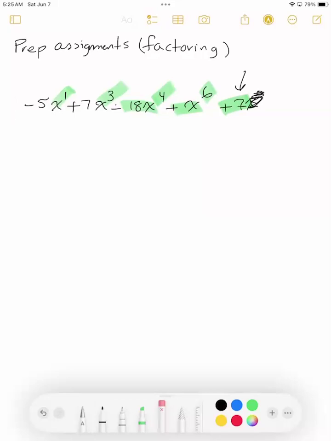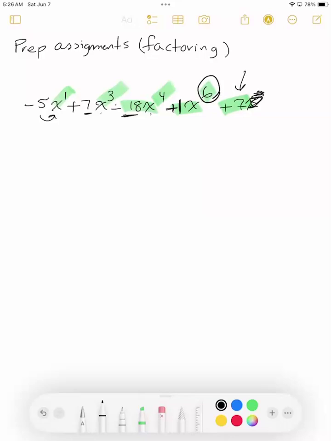Then negative 5 is the coefficient for this term. Positive 7 is the coefficient for x cubed. Negative 18 is the coefficient for x to the power 4. The coefficient of x to the power 6 is 1. And this 7 is a constant. The degree of this polynomial is 6.